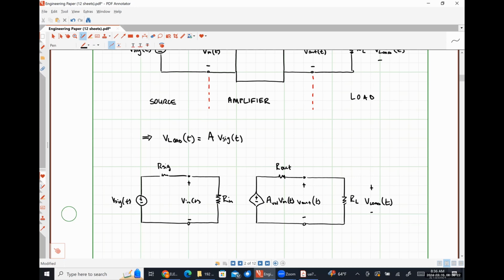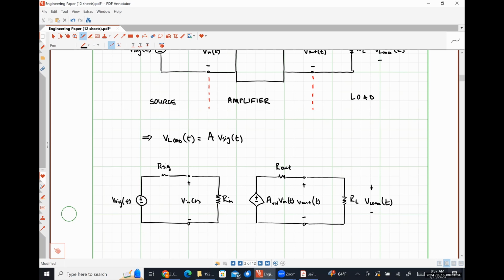We can see from this representation that not all of our input signal, or excuse me, our voltage Vsig gets applied to the input terminals of our amplifier, because there may be some signal or source resistance that we need to take into account. And not all of the voltage generated here actually gets applied to our load, because our output resistance and our load resistance form effectively a little voltage divider circuit.